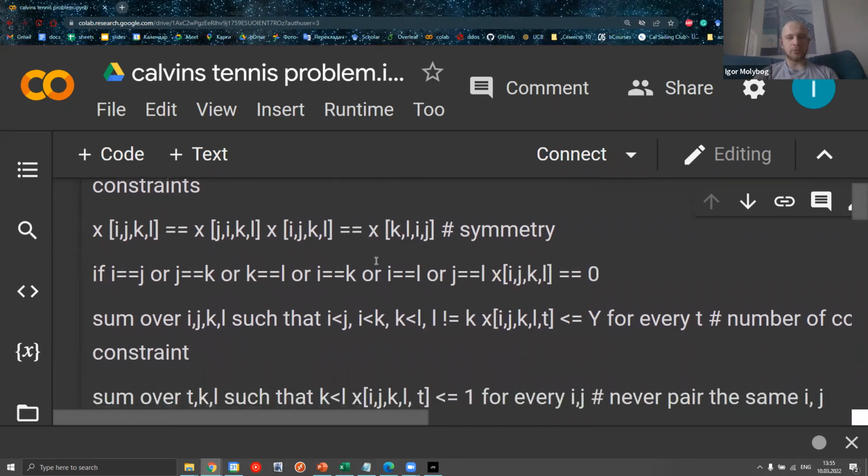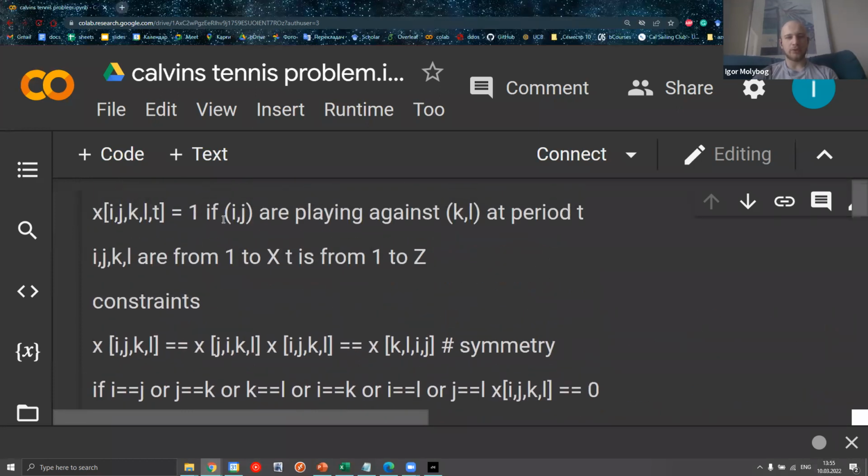And also we need to make sure that if i is equal to j, or k is equal to j, or anything like that, then x_ijkl is equal to 0. It holds for any t. That's why I'm not putting any t in here.